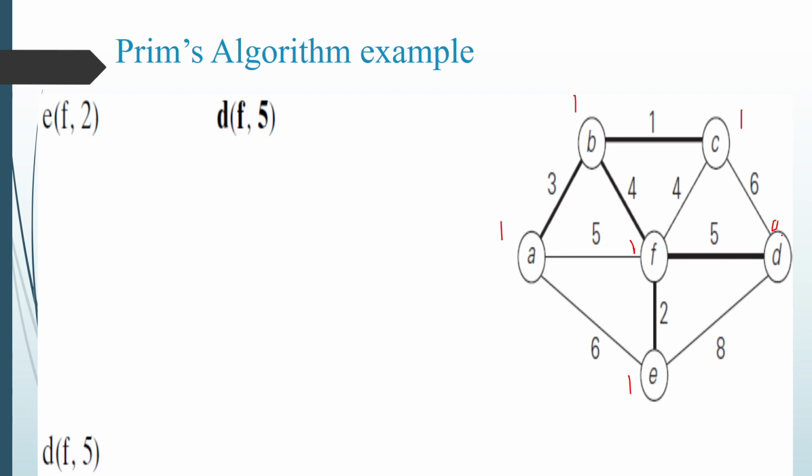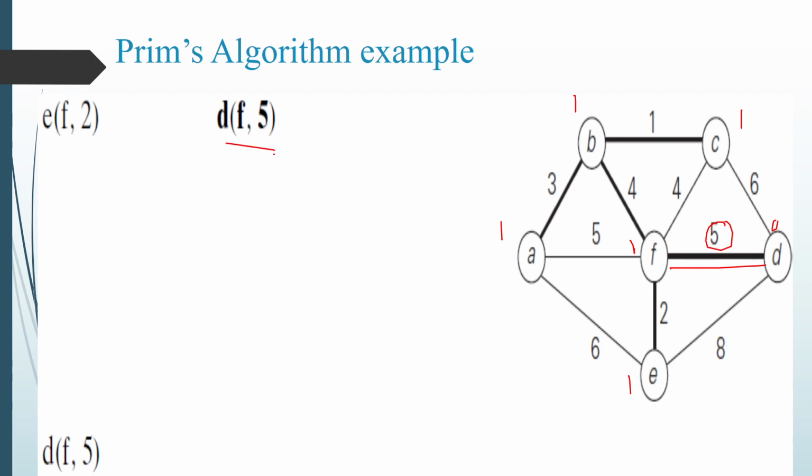So now see, D is adjacent to visited vertices C, F and also E. In that situation, you have to select one vertex with the minimum weight. So among 8, 5 and 6, 5 is the minimum. So I'll take this one as adjacent to D. That's why here the adjacent vertex is F and the weight is 5.